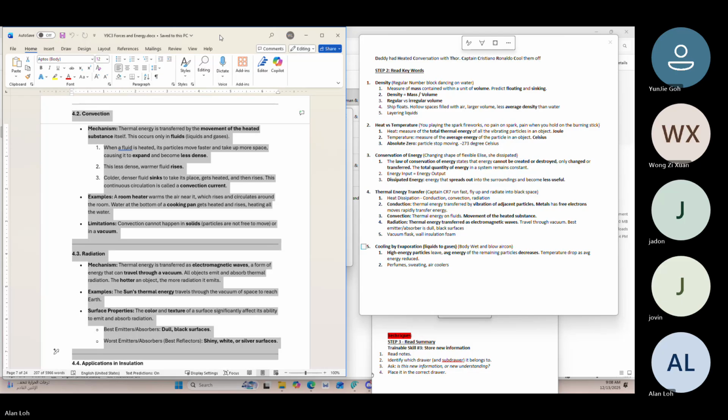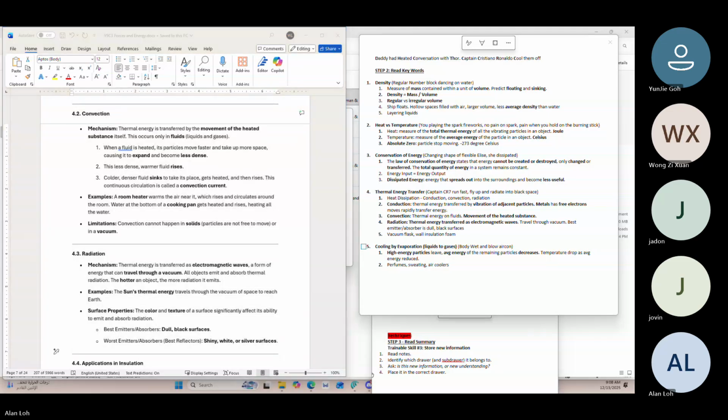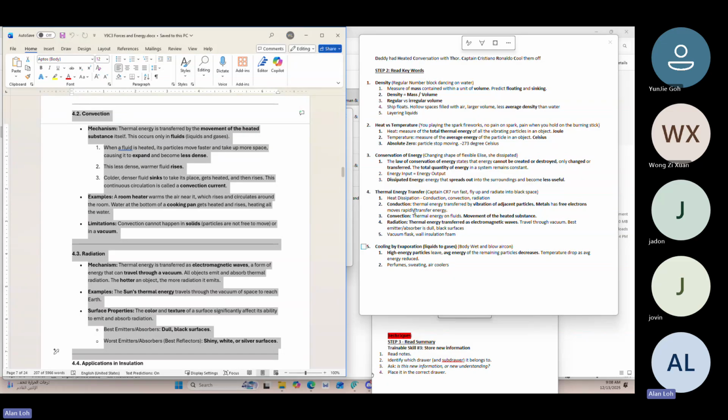Thirty seconds. Okay, done. Right. So this is about convection and radiation, the Cristiano Ronaldo.